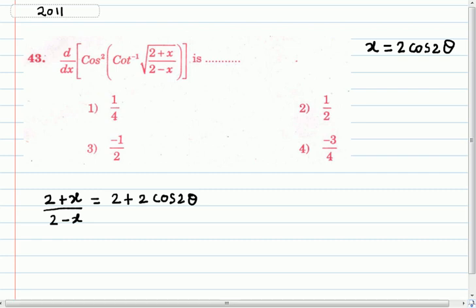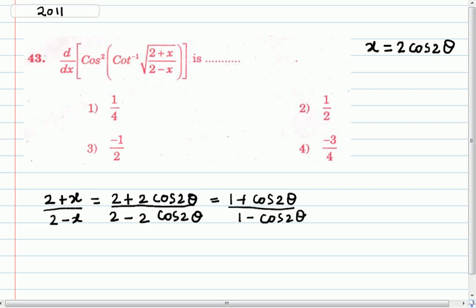And hence the denominator remains the same, 2 minus 2 cos 2 theta. Taking 2 common, it gets cancelled, and we remain with only 1 plus cos 2 theta divided by 1 minus cos 2 theta, which is equal to 2 cos square theta divided by 2 sin square theta, which is equal to cot square theta.